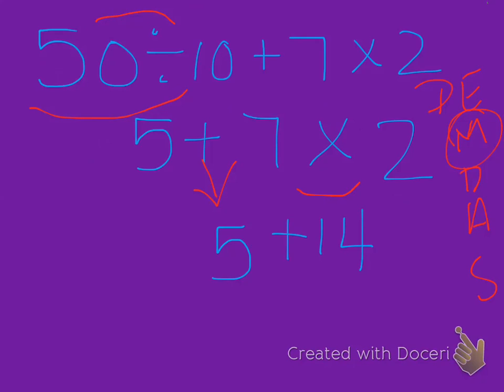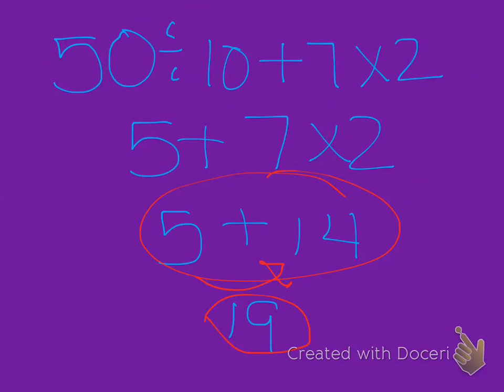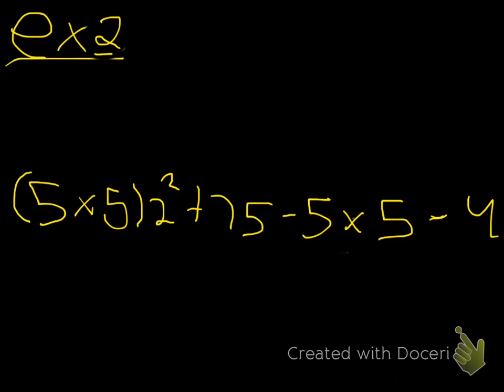After you do that, 7 times 2 is 14, and then you bring down the 5. So the new equation will be 5 plus 14. So after you get the new equation, you add those two, and the final answer you will get is 19.